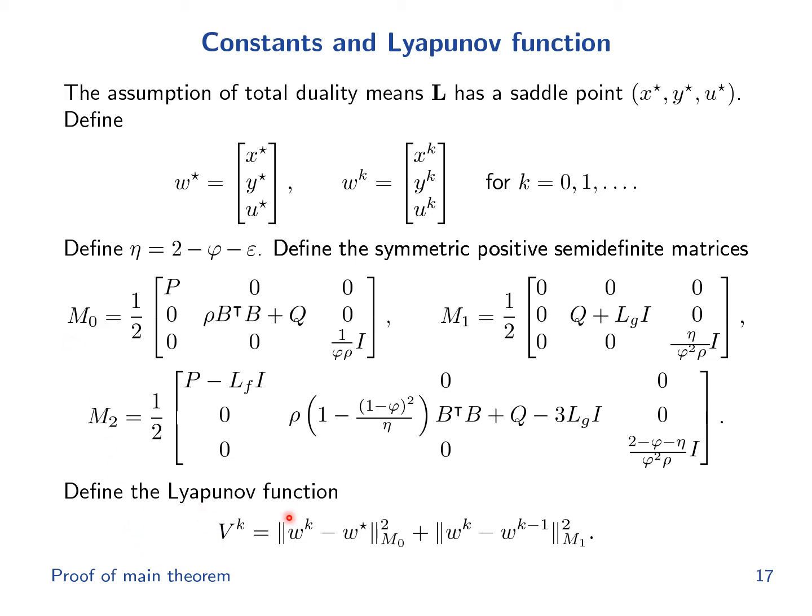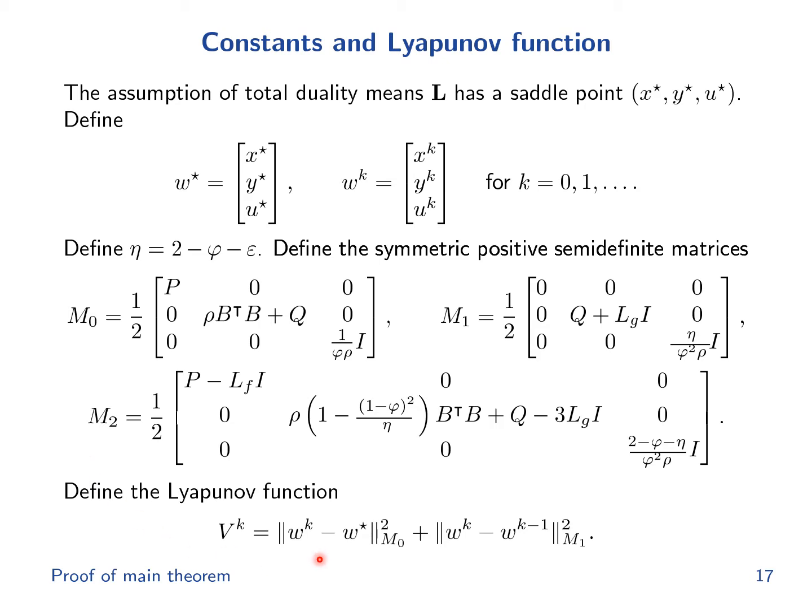And define the Lyapunov function as wk minus w star norm induced by M0 squared plus wk minus 1 norm induced by matrix M1 squared, and we will use matrix M2 later.